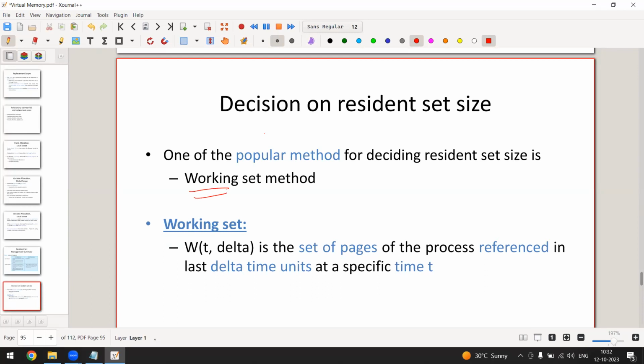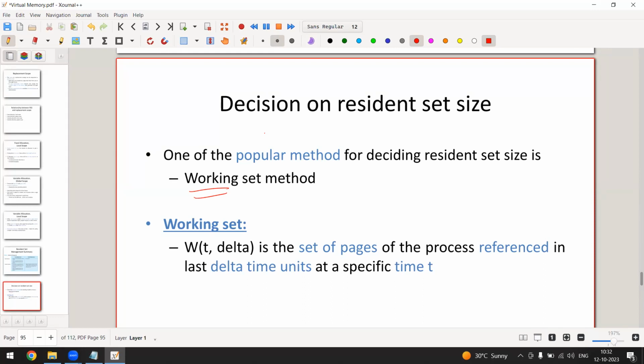As you know, the resident set is the number of pages of a process that should be present in the main memory. So how many pages should we bring into the memory? This kind of decision is taken by the working set method.